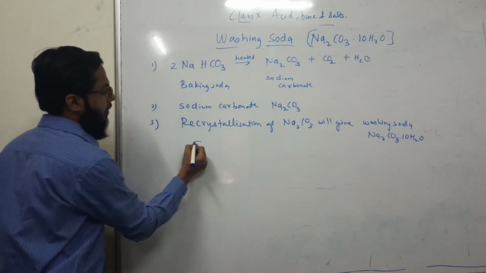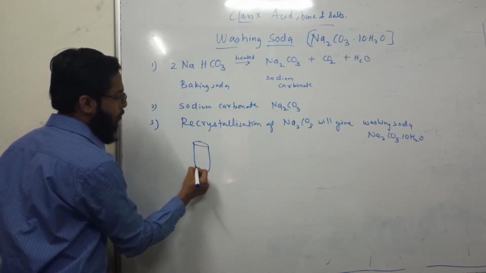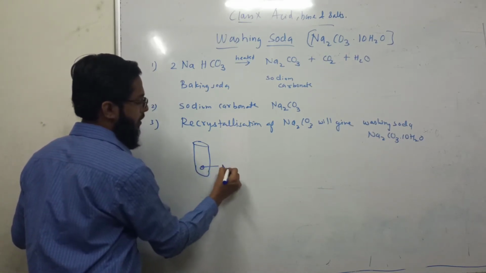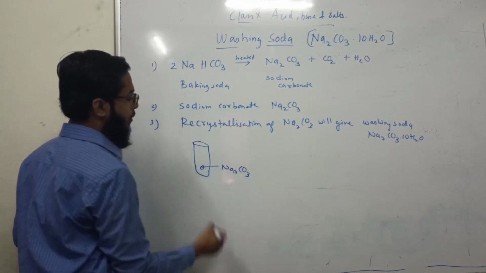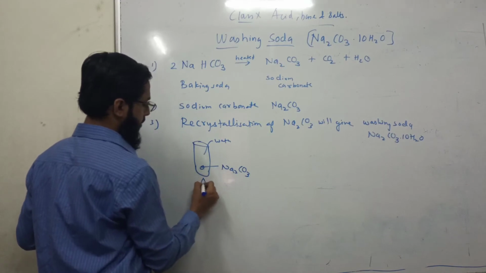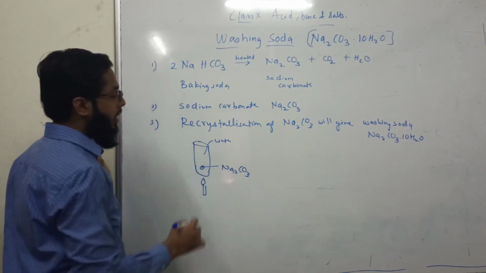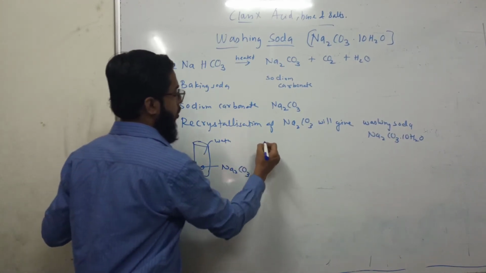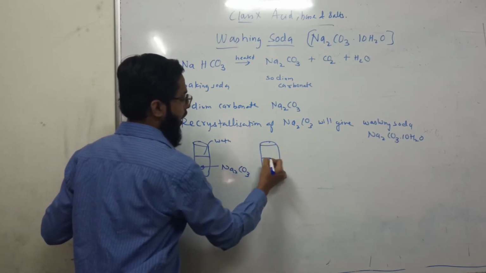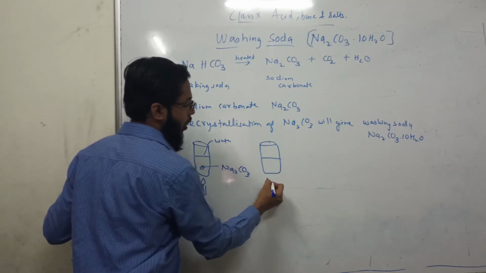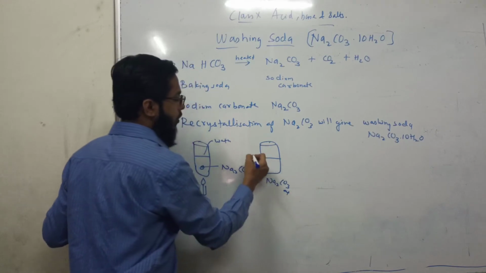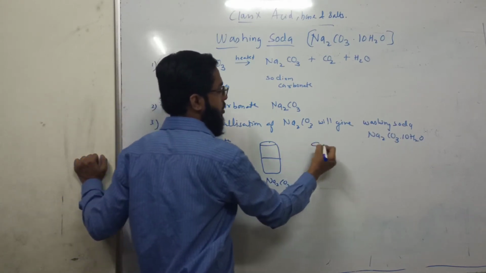Like what we do in the laboratory, we add water to the sodium carbonate, then we heat up, and it dissolves. Now you have a hot mixture of Na2CO3 solution and you just keep it surrounded by ice.